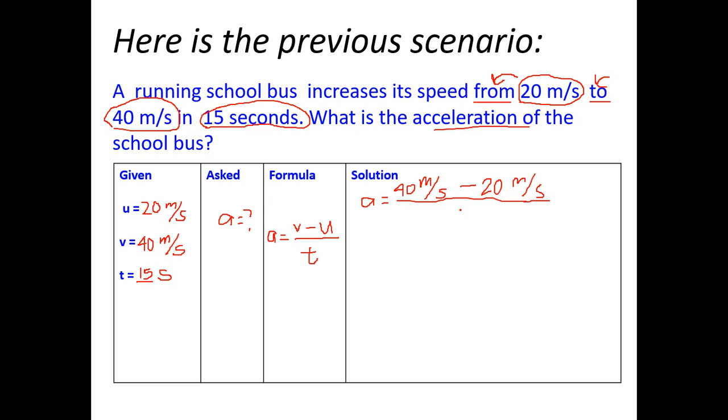Your time is right there, that is 15 seconds. So when you plug this in your calculator, you have 40 meters per second minus 20 meters per second, which gives you 20 meters per second over a time of 15 seconds. So you end up with acceleration equal to 20 over 15. What exactly is that?